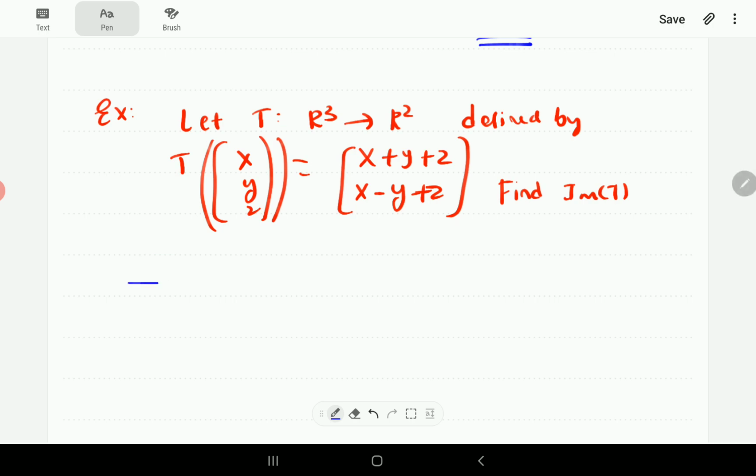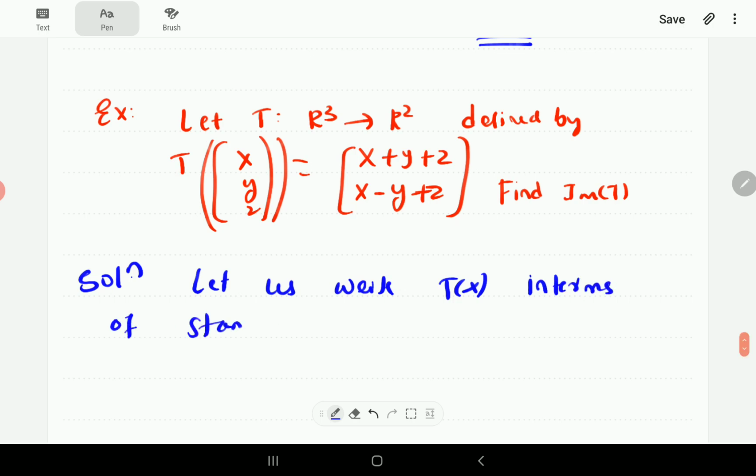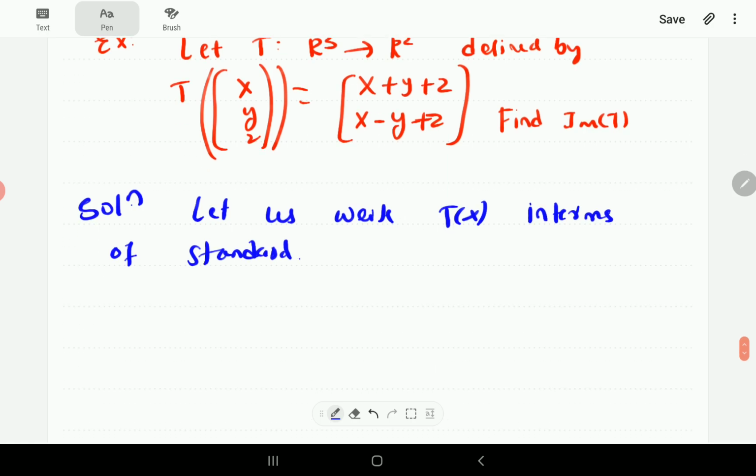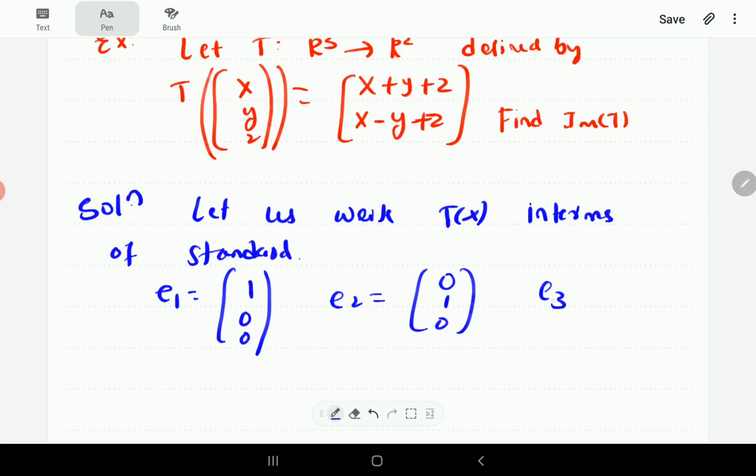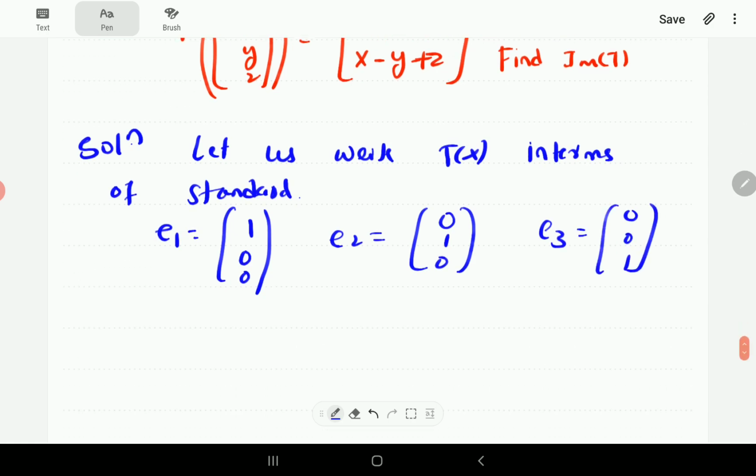Now solution: let us write T of x in terms of standard vectors. In R3 the standard vectors are E1, E2, E3, that is E1 equal to (1, 0, 0), E2 is (0, 1, 0), and E3 is (0, 0, 1). So these are the standard basis vectors.